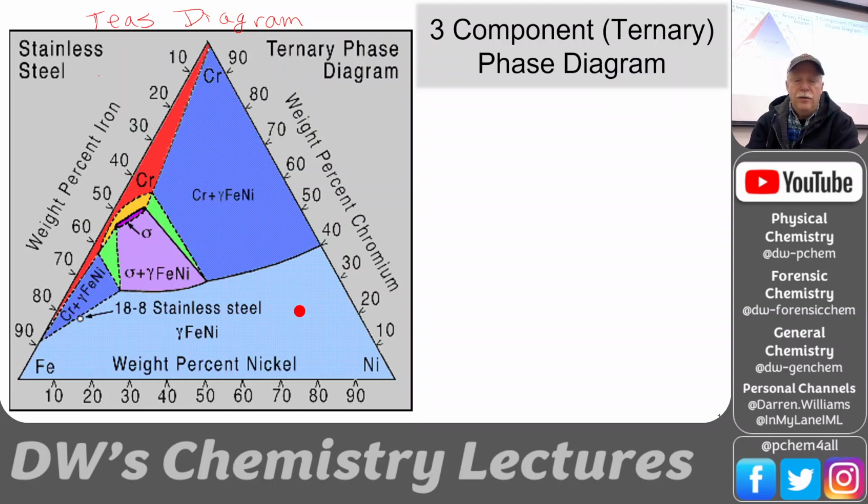And so you find whatever data point you're at, you look at the axes, and if I have 2 choices, I can draw a line right here like that, which is parallel to this line down here, or I could draw a line like this, which is parallel to this axis. Okay, so what I want to do is read the weight percent chromium.